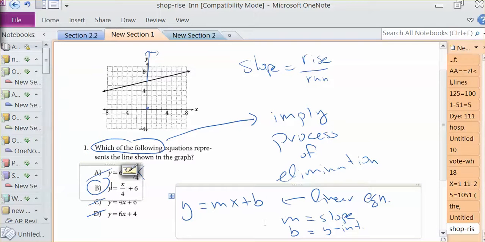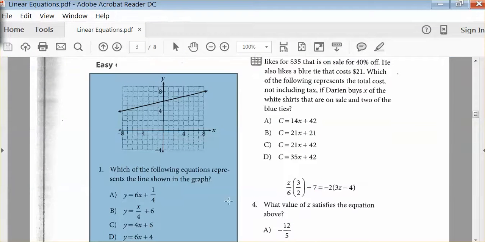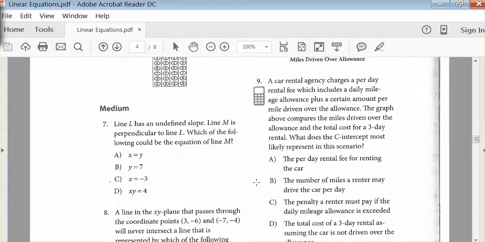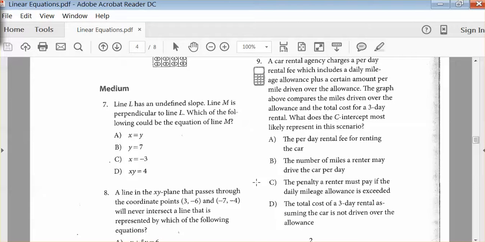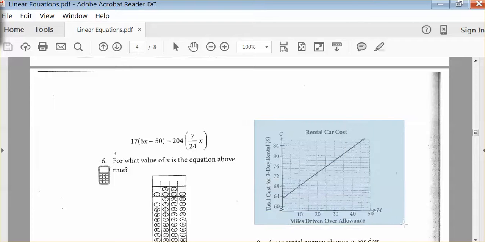So now we'll move on to a medium level problem. So let's do one that requires a bit of interpretation. So this will be number 9.